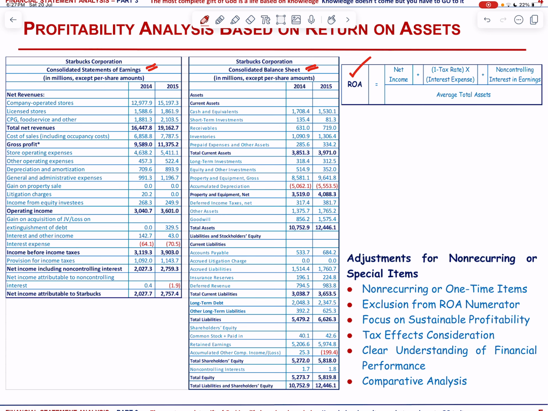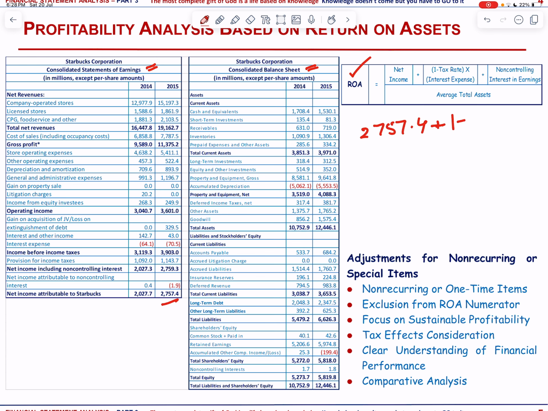Net income is 2,757.4, plus 1 minus tax rate.